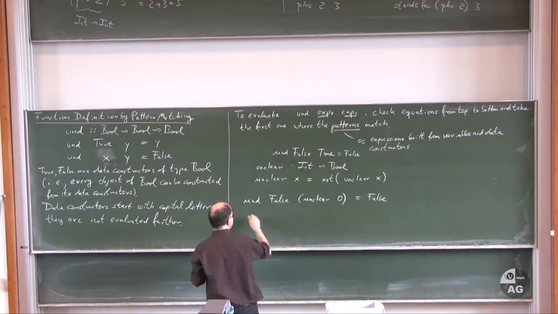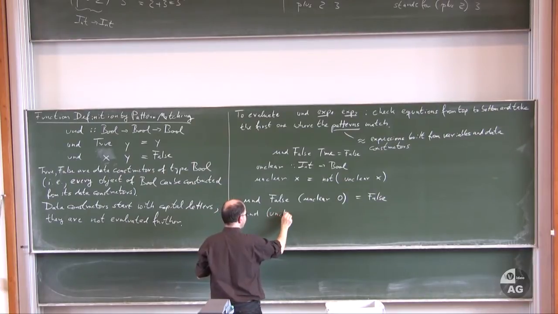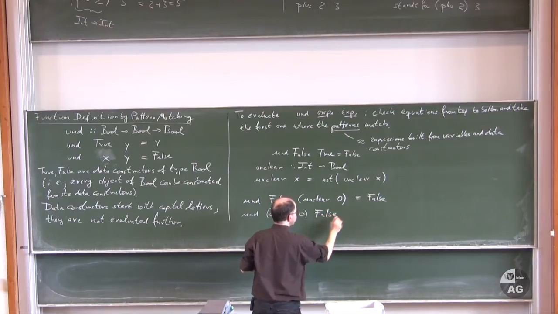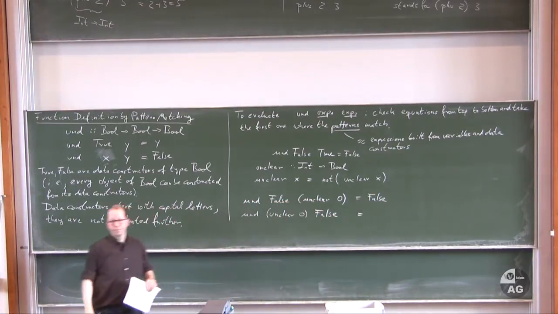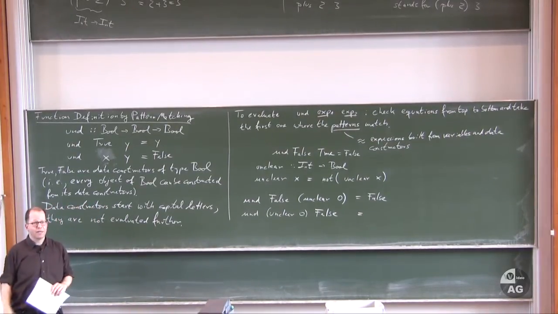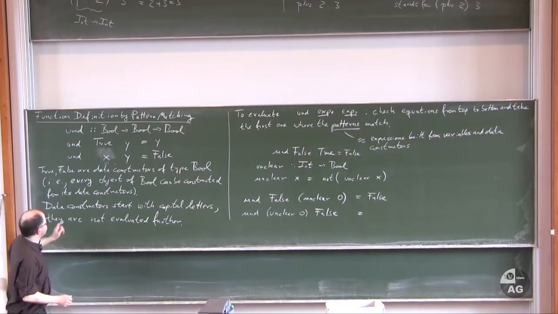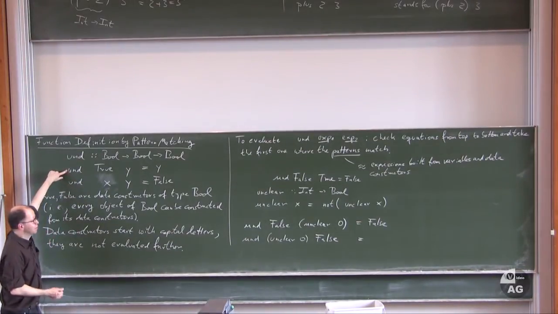And what happens if we change the arguments? So und of unclear 0 and false. What do you think? It does not terminate. And why doesn't it terminate? Because Haskell has to find out whether this equation is applicable.